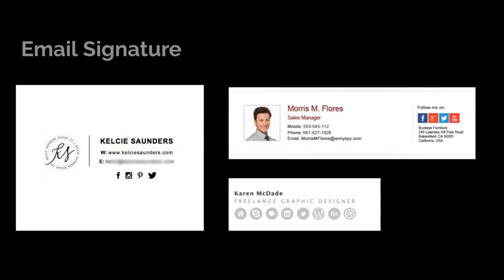Some people will include a photo, and some people will include icons to their social media links, like if you have a business Instagram or anything like that. You can design your email signature on websites like Canva or WiseStamp. Those are two great tools, but there's a lot of ways that you can create your own email signature. I do recommend having one.